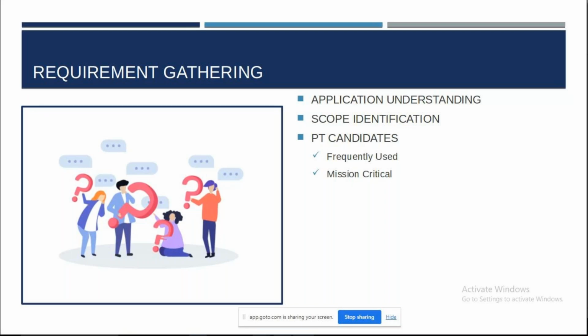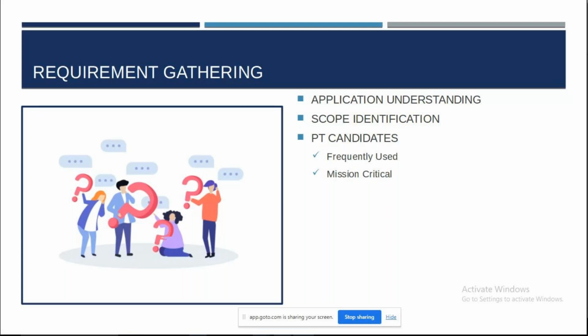But sometimes you are engaging with a customer for the first time and they have not done much performance testing, so in that case it will be a joint exercise. You have to discuss with the customer, which also gives you an opportunity to build that relationship.